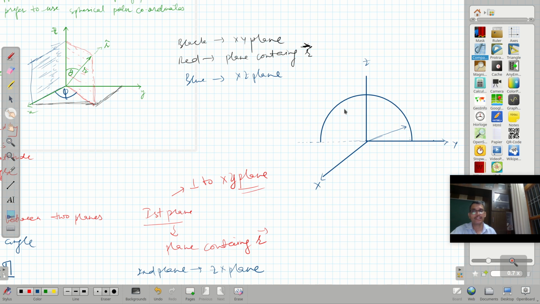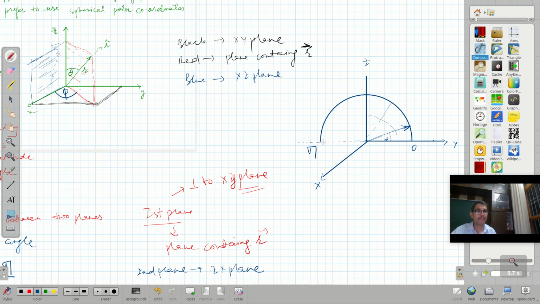This is my radial vector which I am drawing here, and it is making an angle here. At this point it is making angle theta, and when it becomes here it will become a different angle at this point, and so on. Here it is 90 and here it is 180 degrees. So theta varies from 0 to pi.